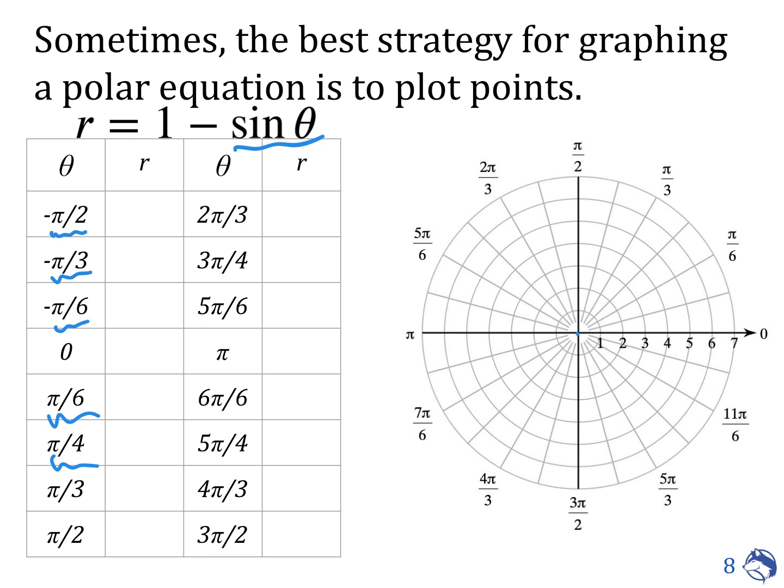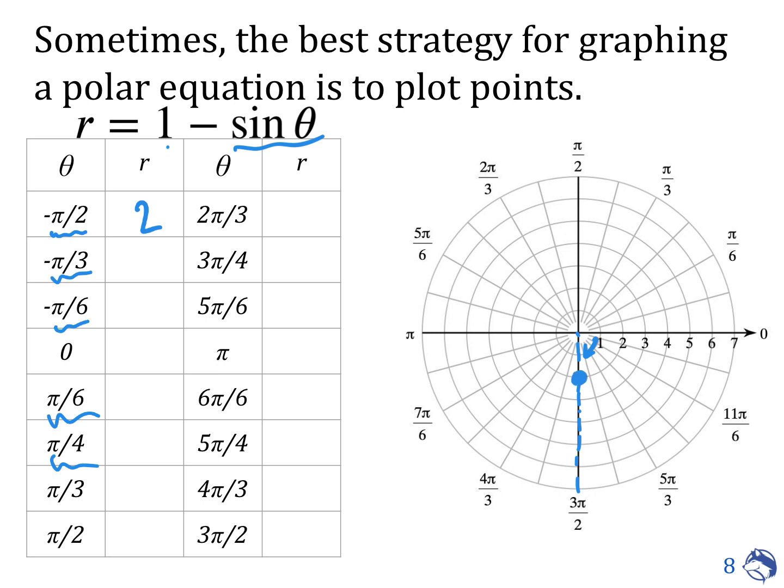If I look at negative pi over 2, I need to figure out what the value is. So I'm going to do 1 minus the sine of negative pi over 2, and the sine of negative pi over 2 is negative 1. So I'm going to do 1 minus negative 1, and I get 2.